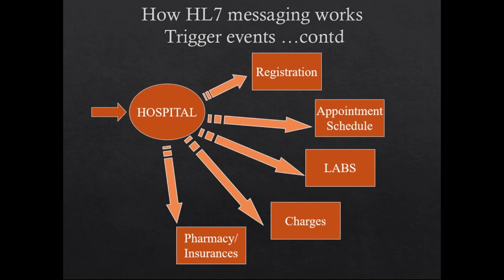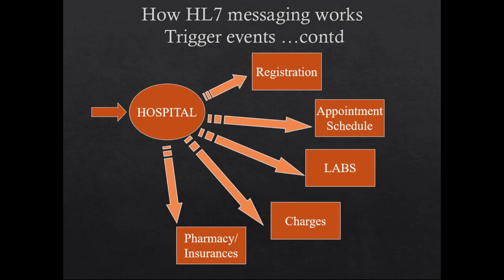So these are broken into different events, as you see here. Registration is one event, appointment scheduling is one event, labs are the third event. Then combining all the charges related to the specific visit is the fourth event.